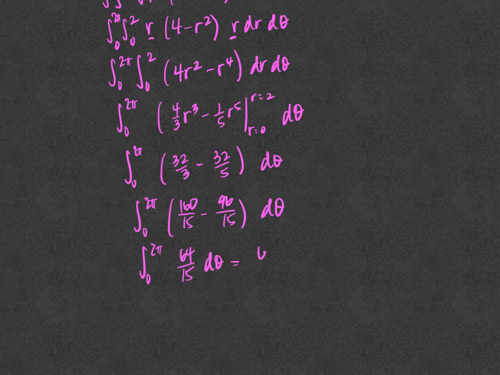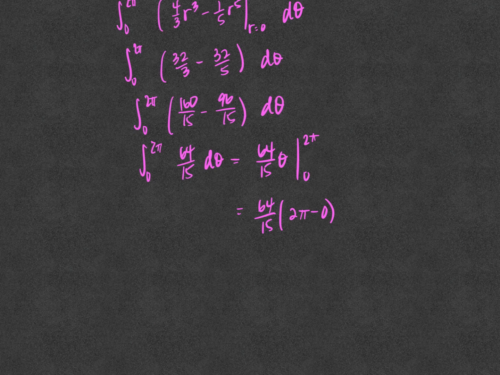So when we integrate with respect to theta, we get 64 over 15 theta from 0 to 2 pi. So this means we have 64 over 15 times 2 pi minus 0, which gives us 128 pi over 15. And that is our answer to the triple integral and the volume that we're finding.